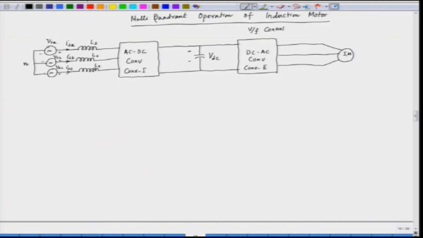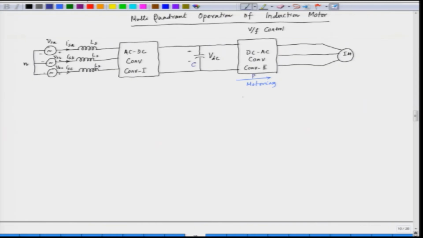Now, when the motor goes into the motoring region, the power is taken from the DC side to the AC side. So, this is for the motoring. So, the capacitor discharges in the motoring region, because the power flow in this case is from the DC link to the motor.